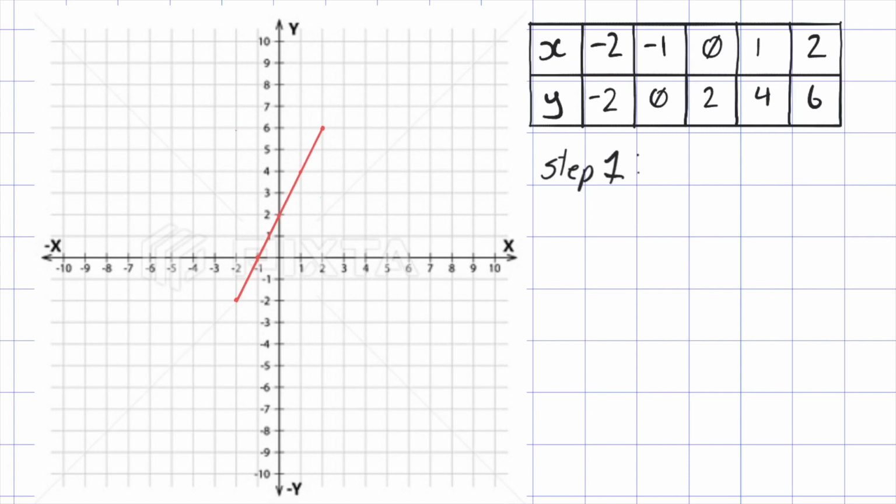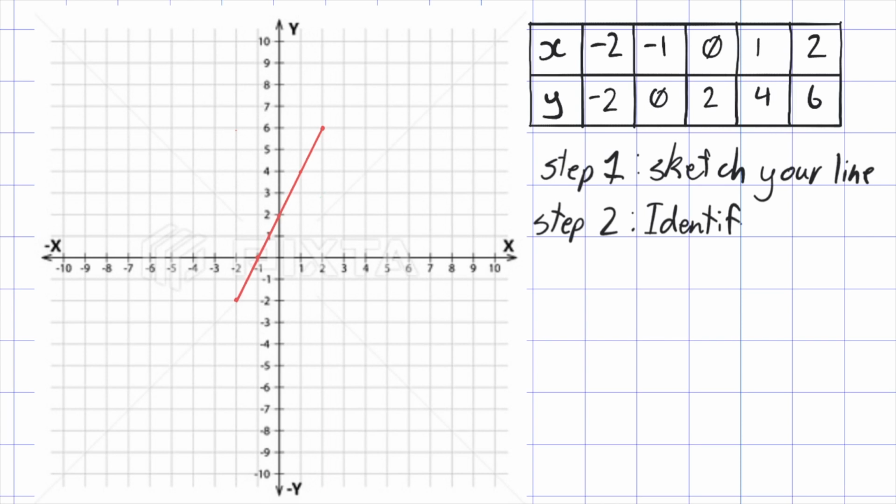Or rather, let's say, sketch your line. Step 2, I would say identify your y-intercept.